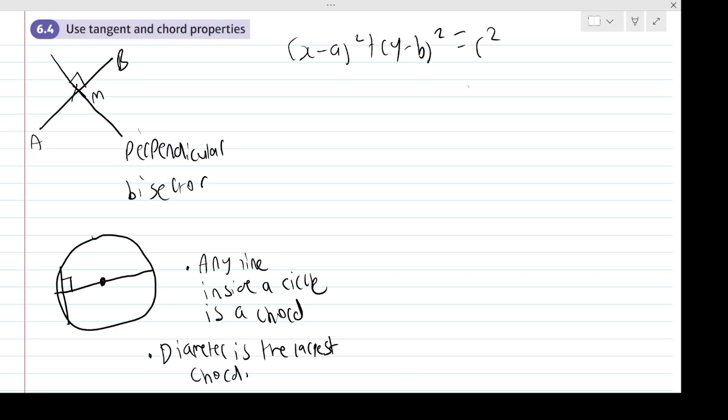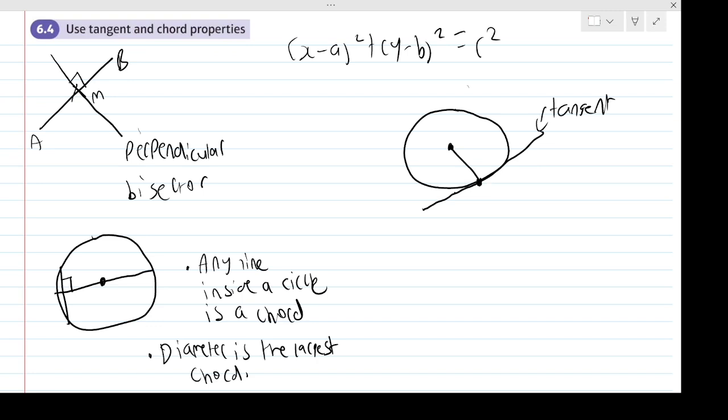And the circle theorem related to tangents is, well, if we have a radius, obviously a line that goes from the centre to the edge of the circle, at that point on the edge, a tangent line, obviously we call that the tangent, which is the line that crosses the circle at that point on the edge.